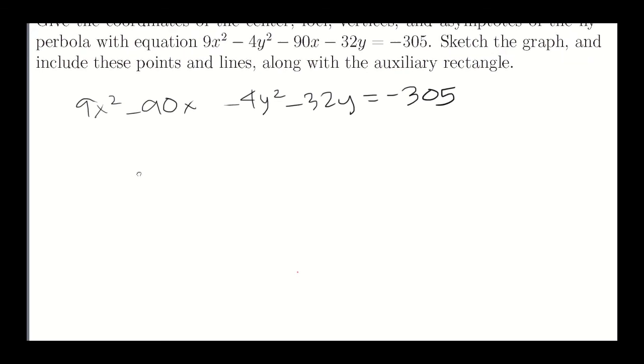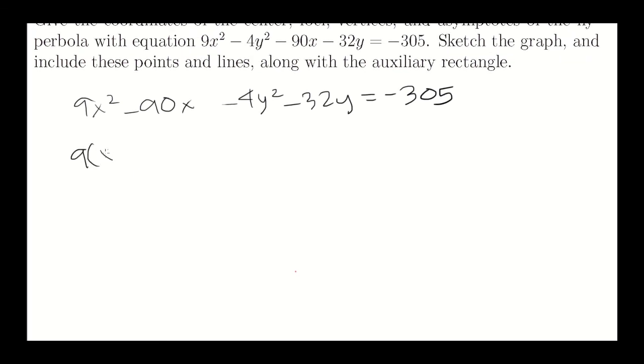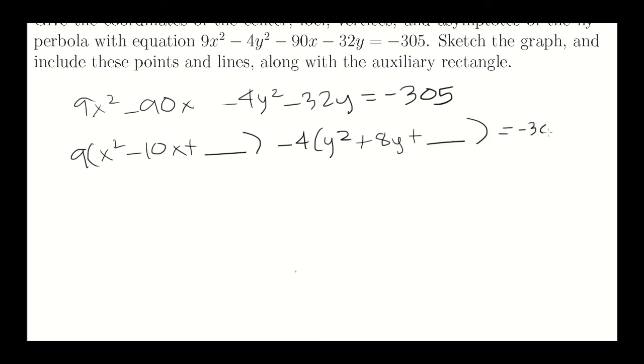And then we get 9 times (x squared minus 10x plus blank) minus 4 times (y squared plus 8y plus blank) equals negative 305. Okay, now we have the perfect square, so 10 over 2 is equal to 5, then we square it, so it will become 25.